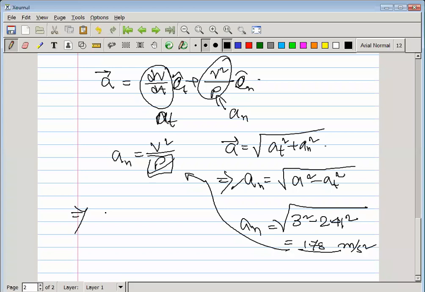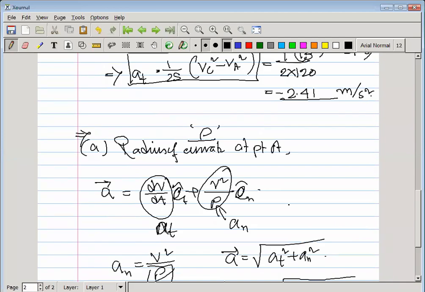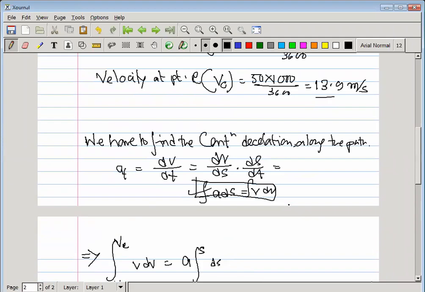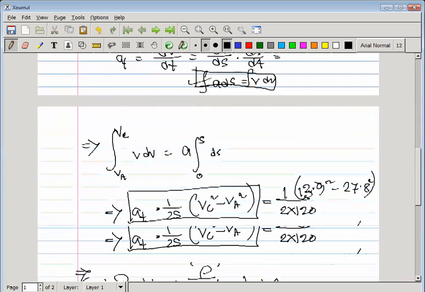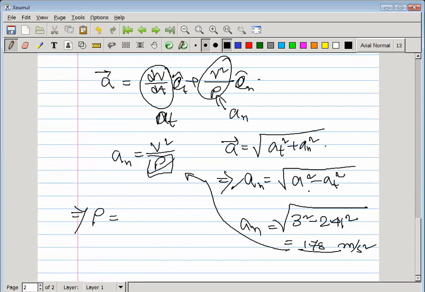Here we need to find the rho, and v at point A is 27.7, right? So rho is 27.7 whole square divided by 1.78.